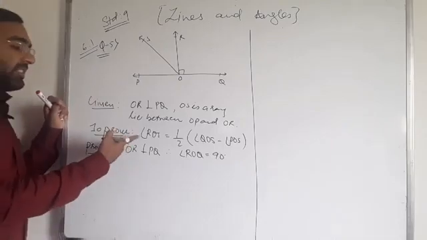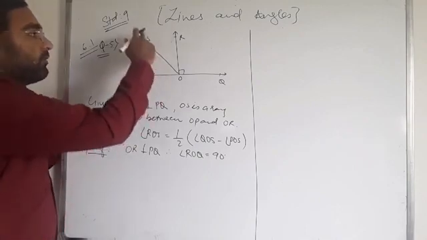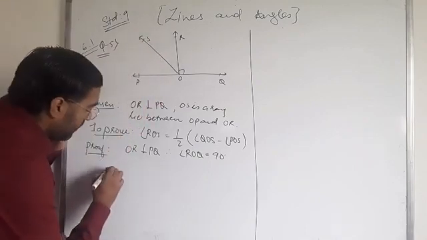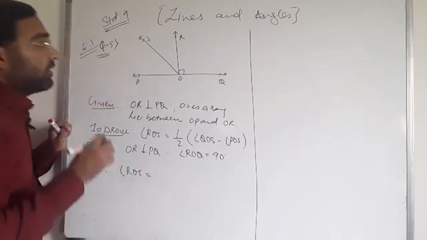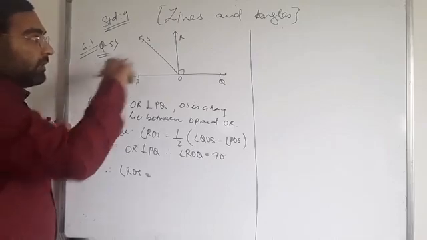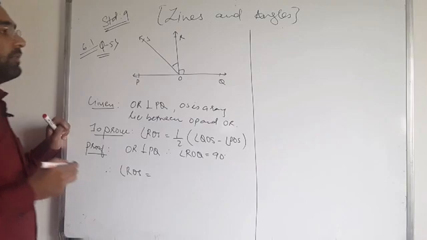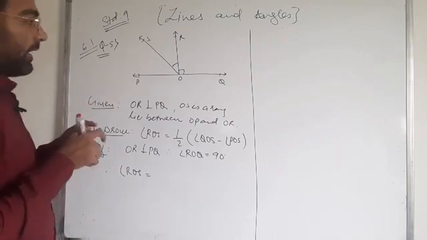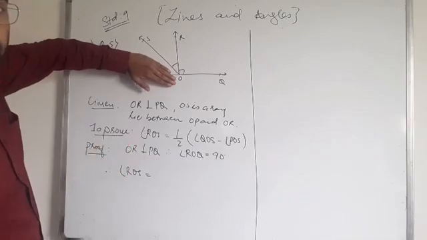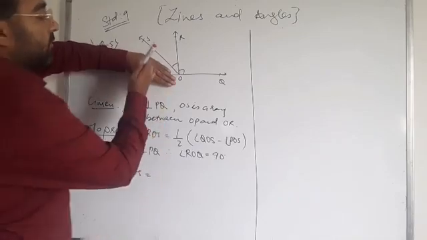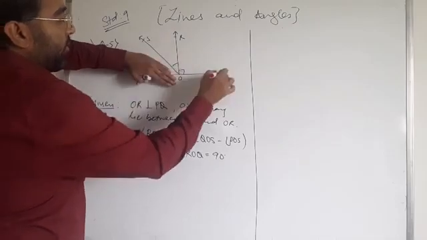Here the statement is clear, that we want ROS. So we want ROS, therefore first of all ROS should be found from this part. We can't consider this part alone, so we have to take QOS minus ROQ.